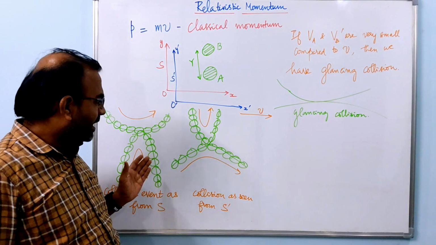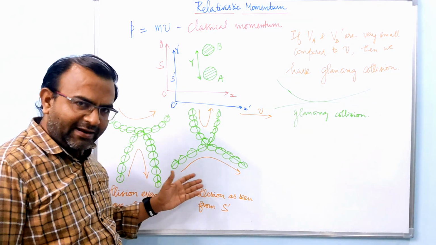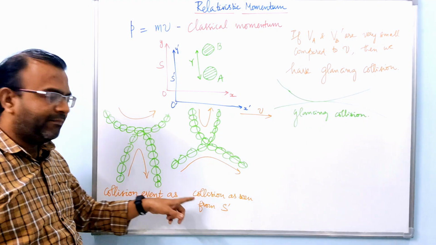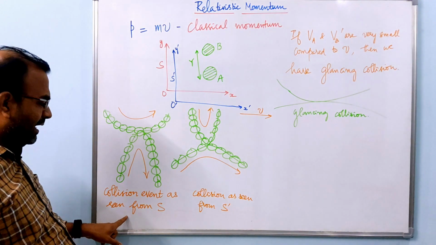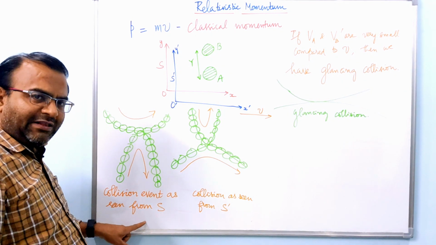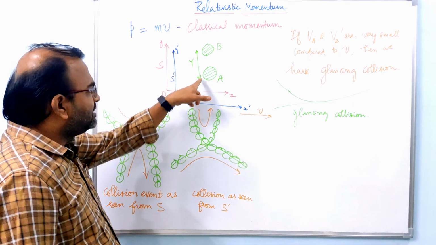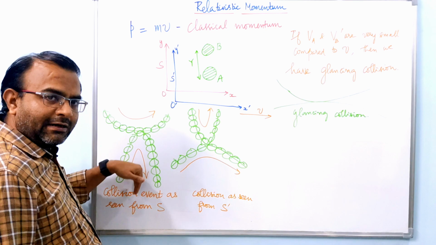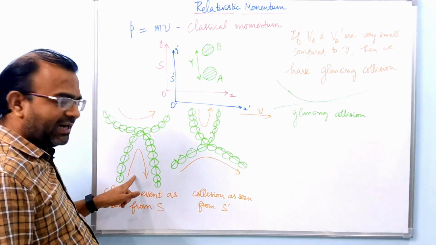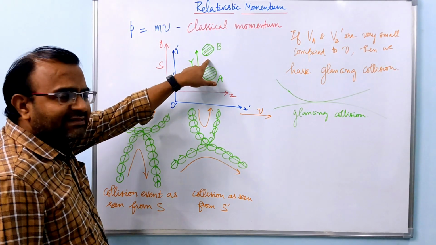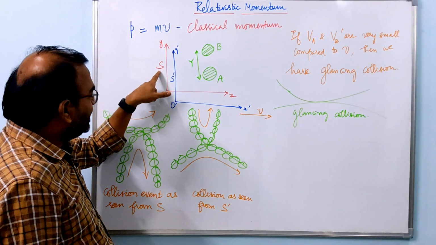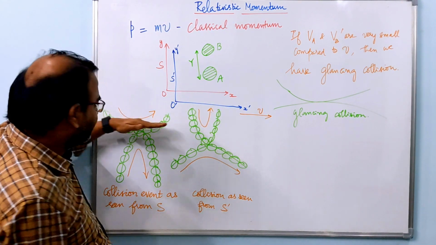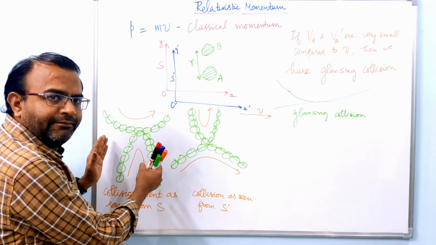So here this diagram schematically represents the collision event as seen from S and as seen from S prime. In the frame of reference S, A is thrown vertically upwards towards P, so its trajectory is a parabolic trajectory, vertically, whereas B is in relative motion with respect to S, moving with the velocity v, so its trajectory is a broader parabola.